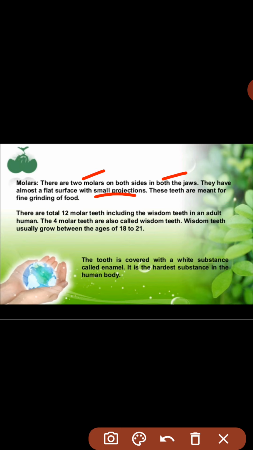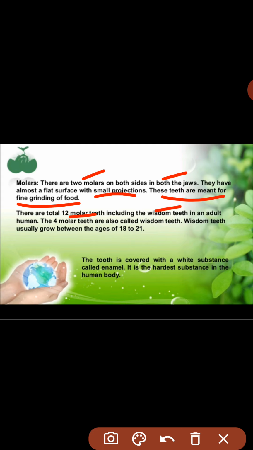What is the help of these teeth? They are helpful in finely grinding the food. There are a total of 12 molar teeth including the wisdom teeth in an adult human.